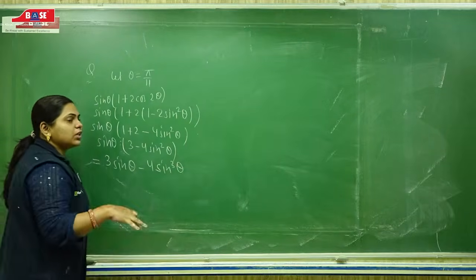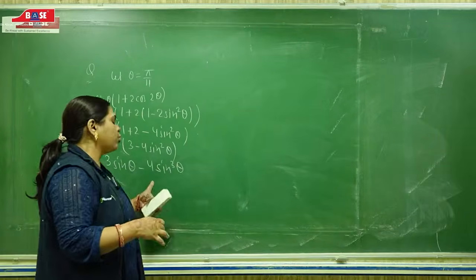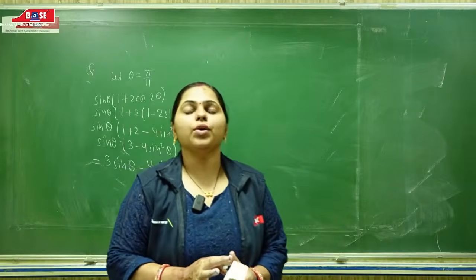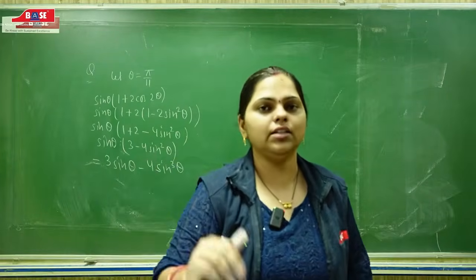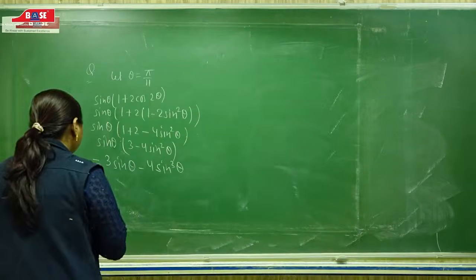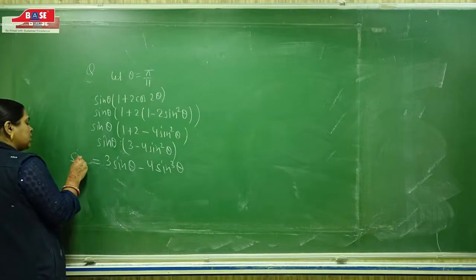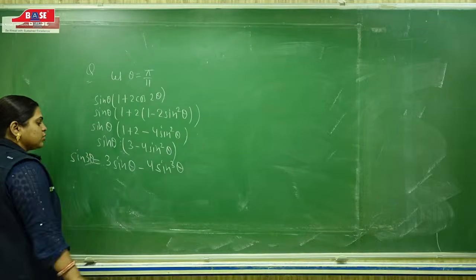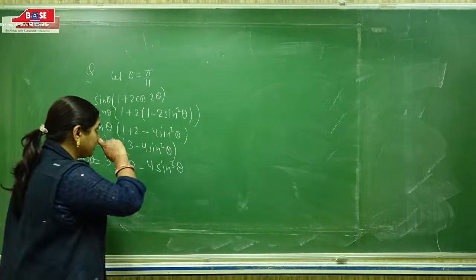If you are able to recall, 3, 4, 34, in this way only you have remembered the sine 3 theta formula. So this will be sine 3 theta over here, correct?